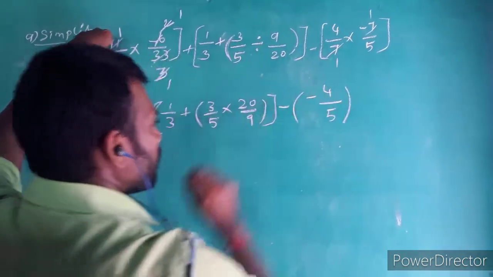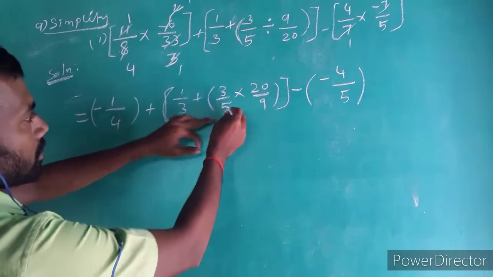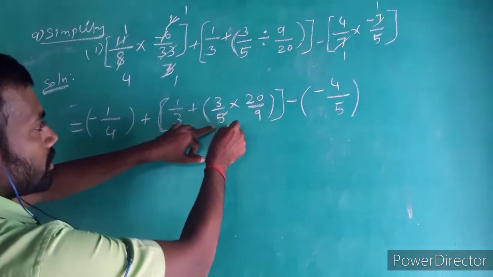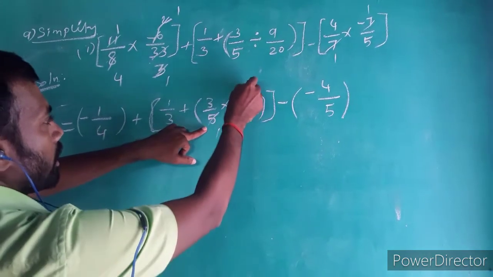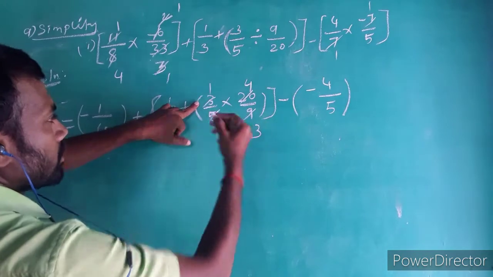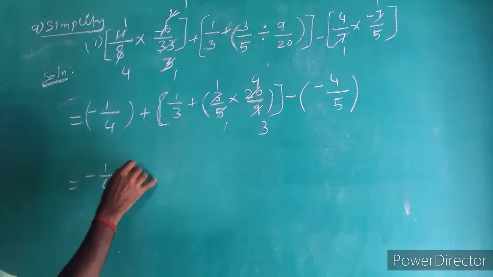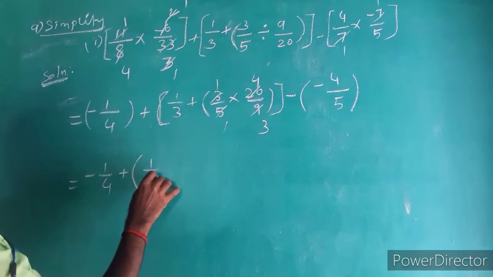In the third step, solving with cross multiply and cancelling: 1 times 1, 4 times 4, and 3 times. Therefore the answer is −1/4 plus 1/3.